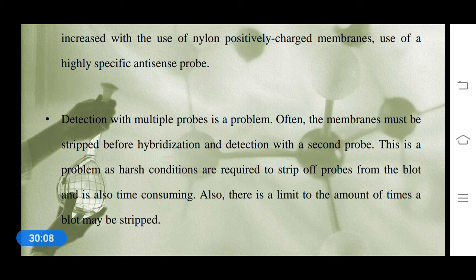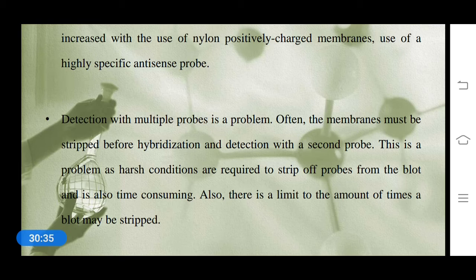To overcome the use of multiple probes in Northern blotting, the membrane is stripped before hybridization and detection with a second probe.